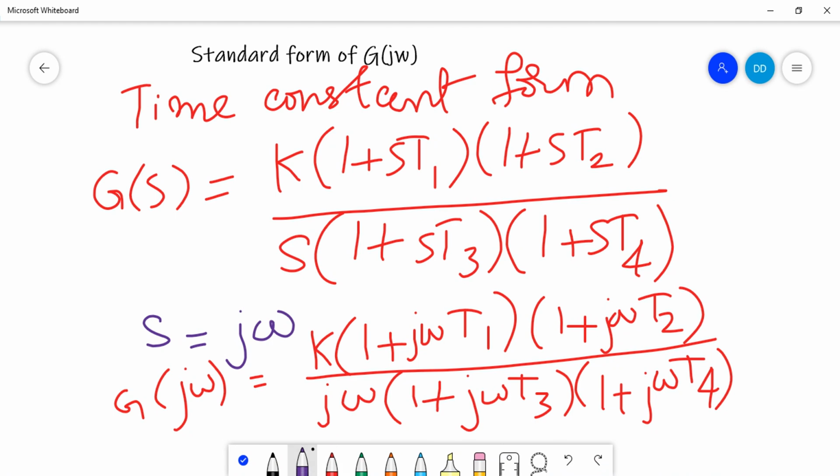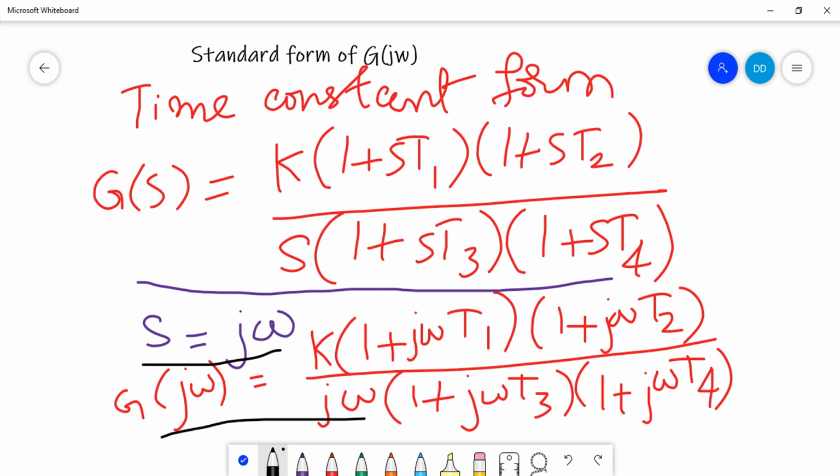So this is the time constant form, G of s equal to K into (1 plus sT1) into (1 plus sT2) divided by s into (1 plus sT3) into (1 plus sT4). In order to obtain the magnitude as well as phase angle of this particular open loop transfer function, we need to replace s by j omega. So on replacing s by j omega, this is what we are going to get.